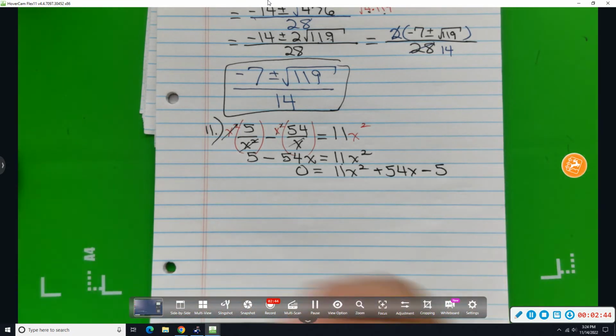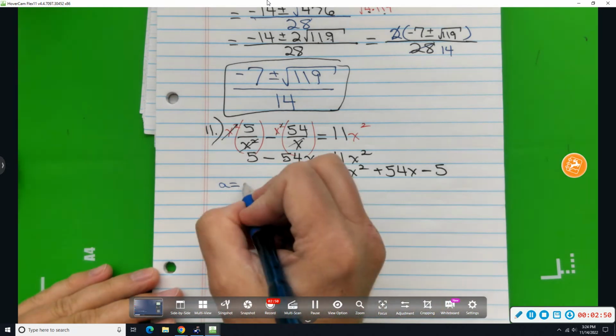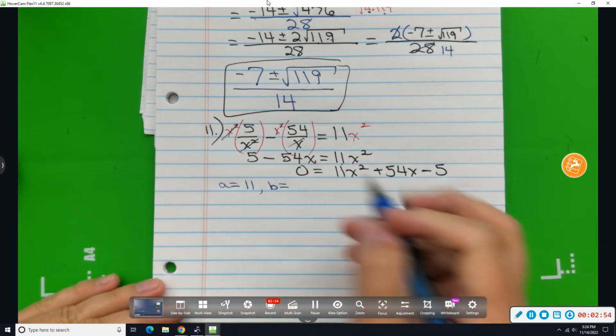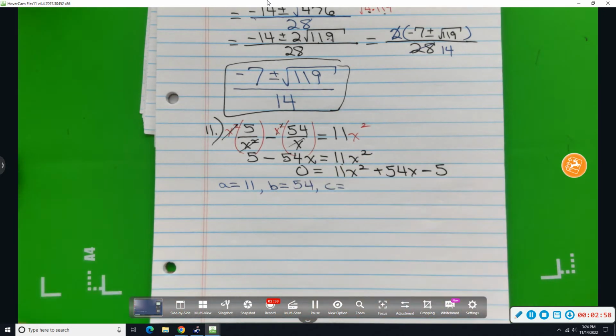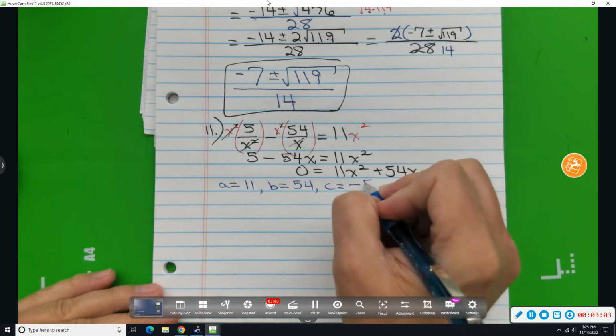And now we're ready to identify A, B, and C. A is equal to 11. B is equal to 54. And C is equal to -5.